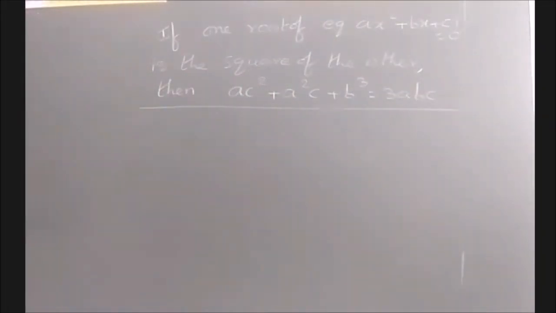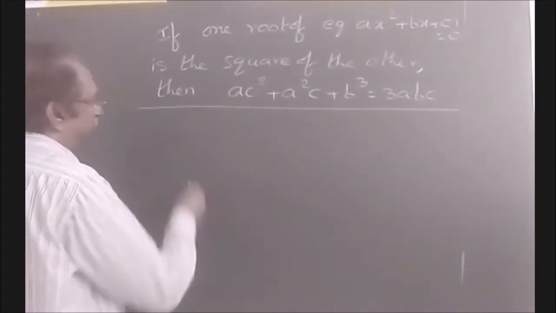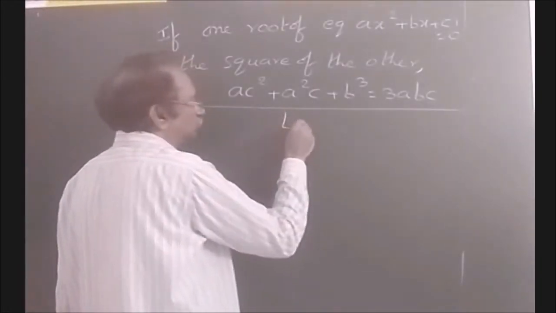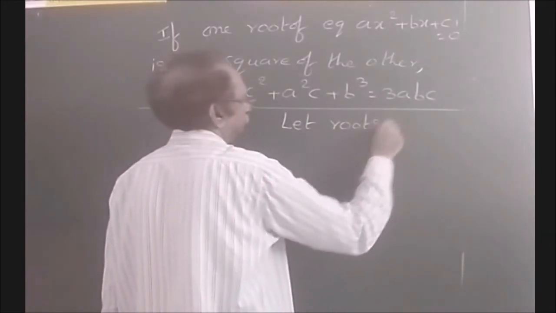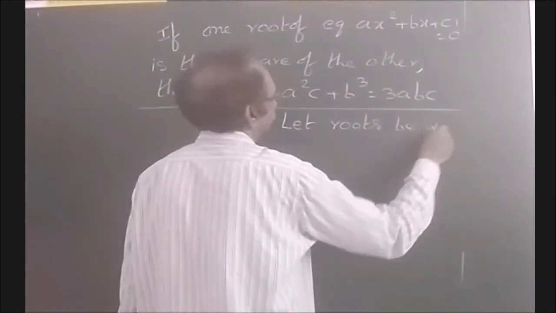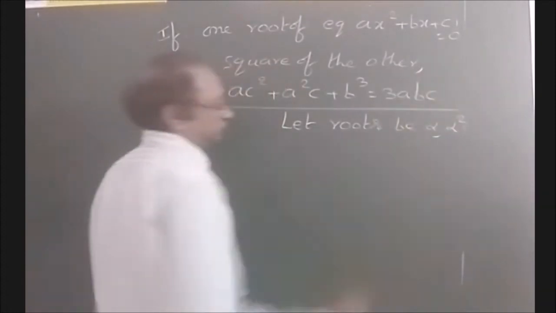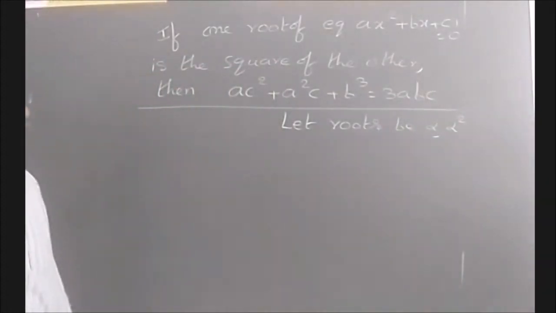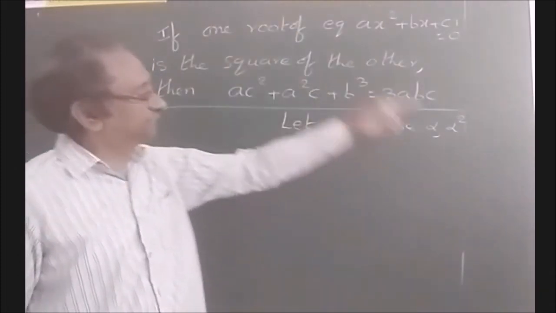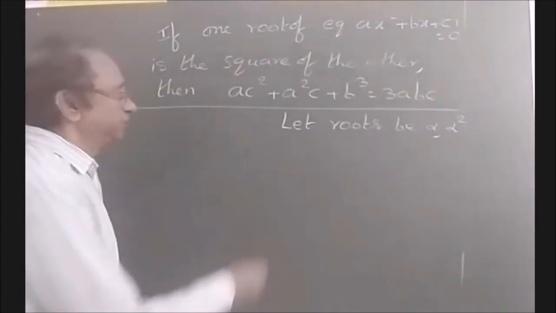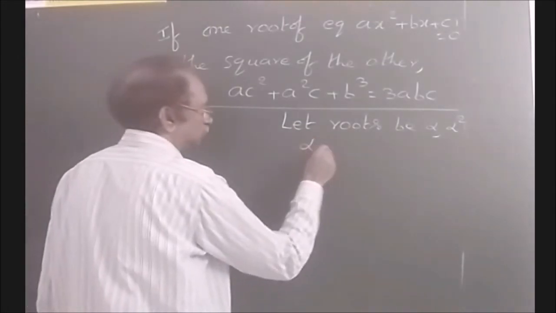So what is that? If one root is the square of the other, let the roots be alpha comma alpha square. If one root is alpha, then the other root is the square of that alpha, that is alpha square. So immediately, what is the sum of the roots?